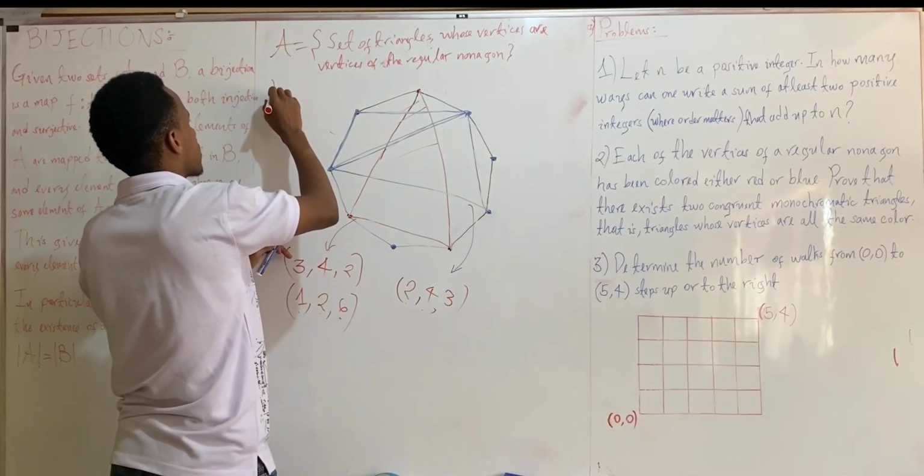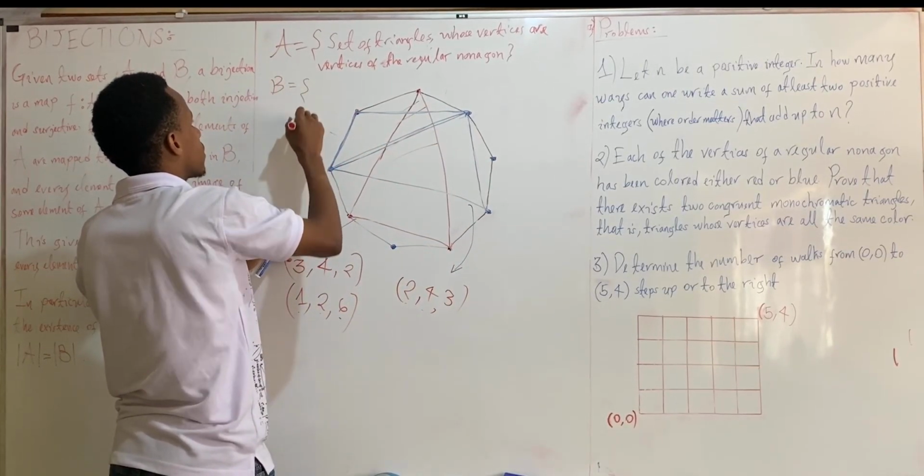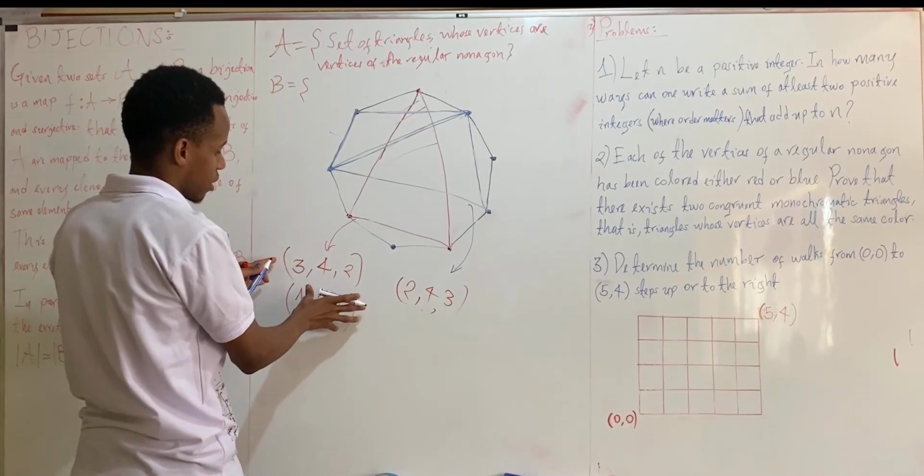And then we describe another set B to be the set of these kinds of triplets.